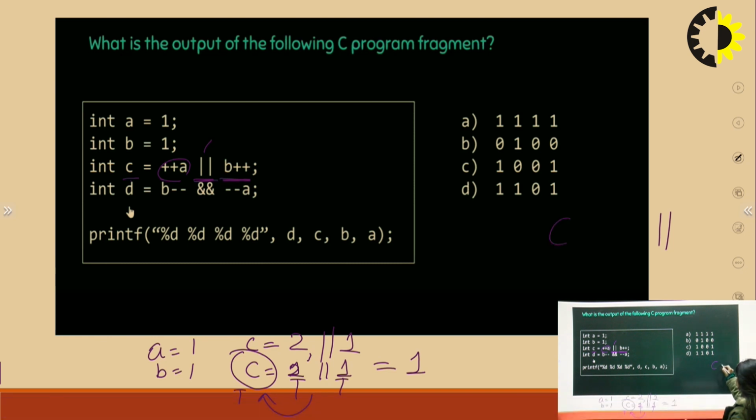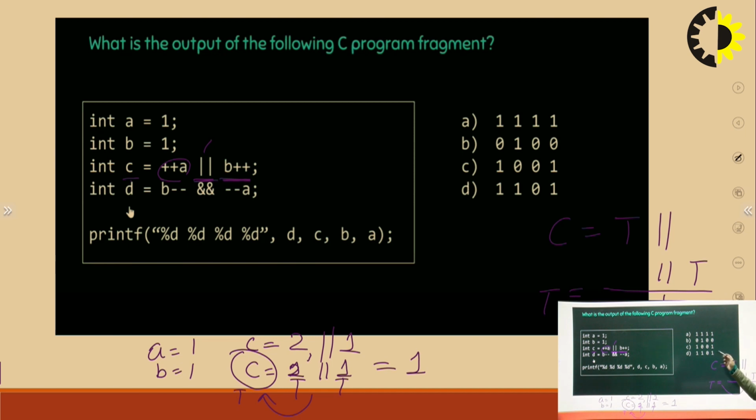One more thing I need to tell you here. Whenever you have logical OR and you have any expression, if you find any true, either before the logical operator or after the logical operator, then simply put the answer true. For logical OR, if you find any true, you can directly put the answer true.